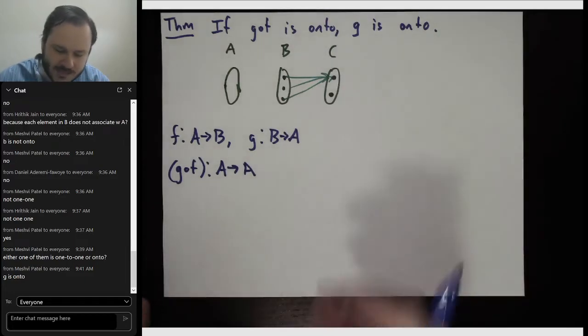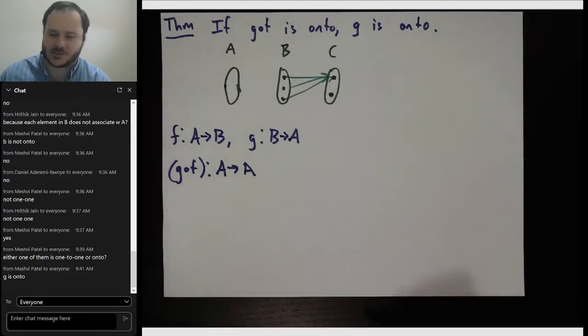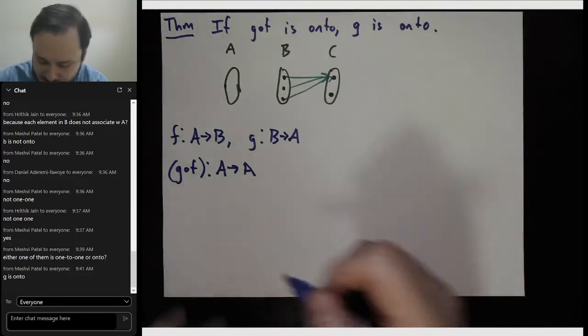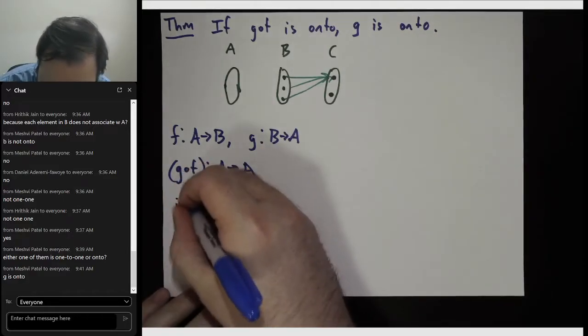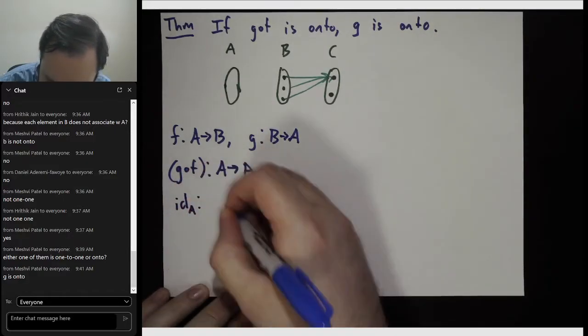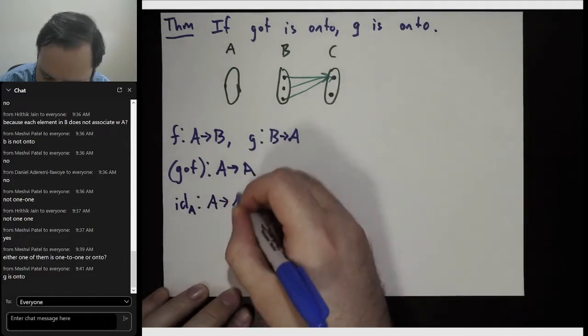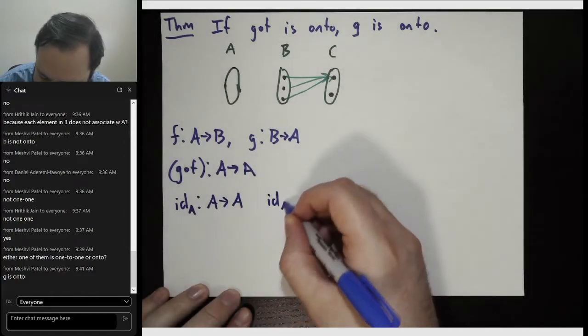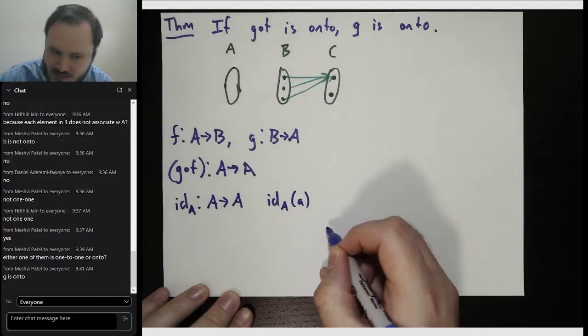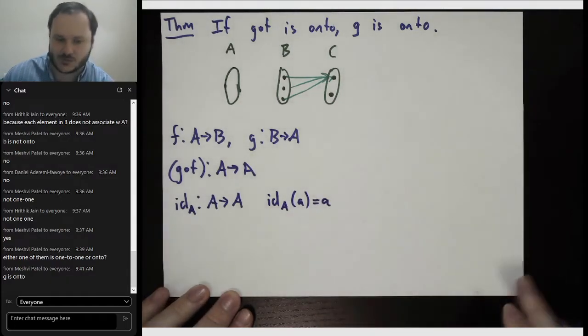And one really interesting function from A to itself is the least interesting function, identity of A. That's a function from A to A, where if you give me any element in A, I just spit it right back out.